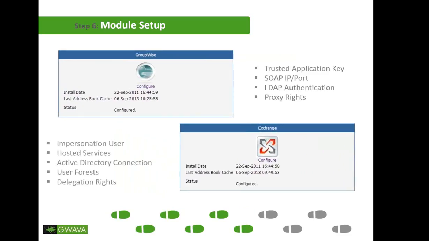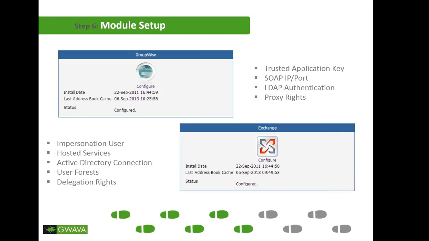We need a trusted application key and a SOAP IP and port for the GroupWise. You can also enable LDAP authentication, and you can have proxy rights enabled, so that a user who has proxy rights to another mailbox has it in the archive as well.